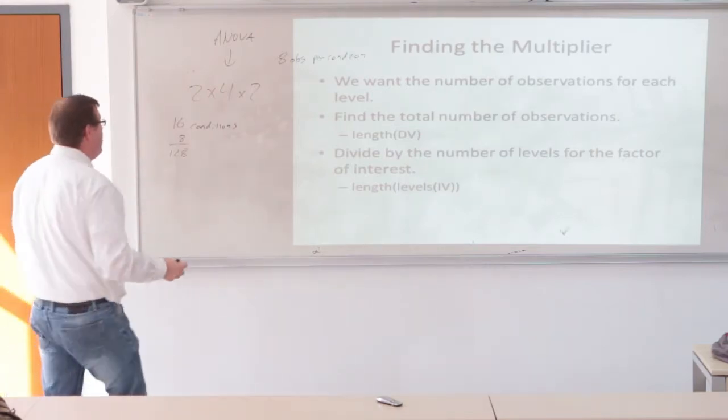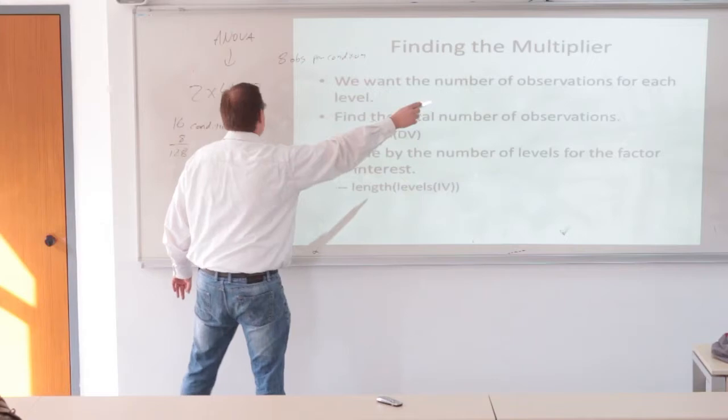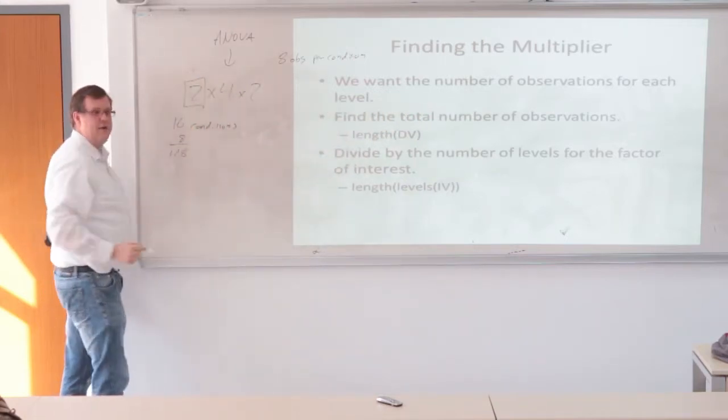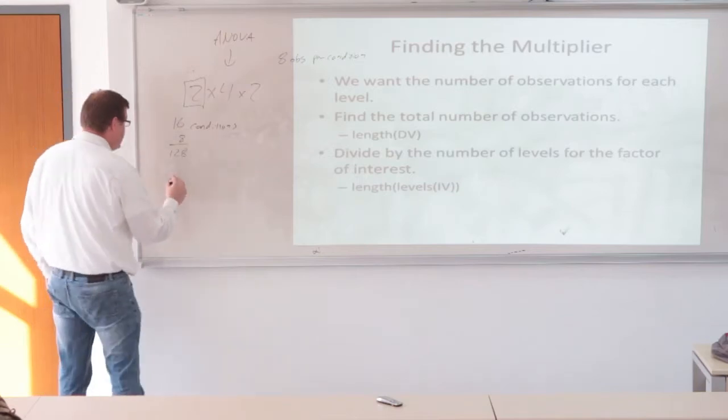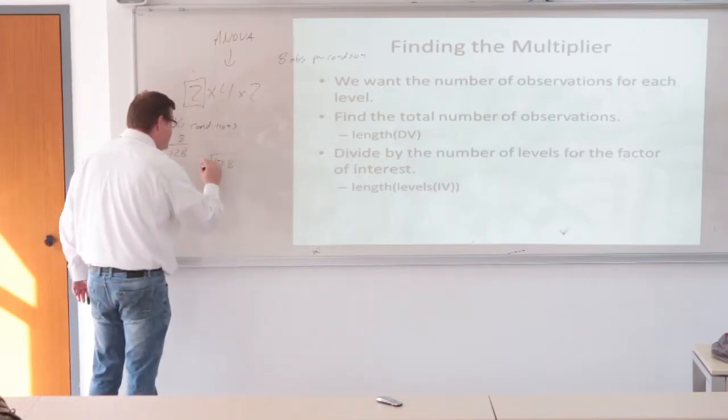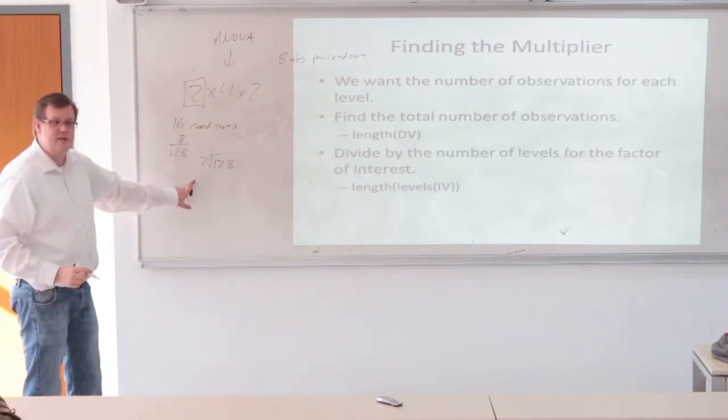If we want to know the number of observations for each level, we divide by the levels for the factor that we're talking about. So if we divide this, 128, by 2... So in America, we divide like this.